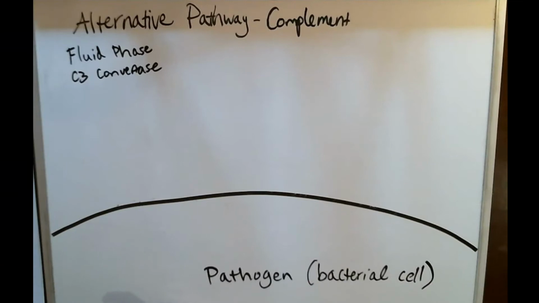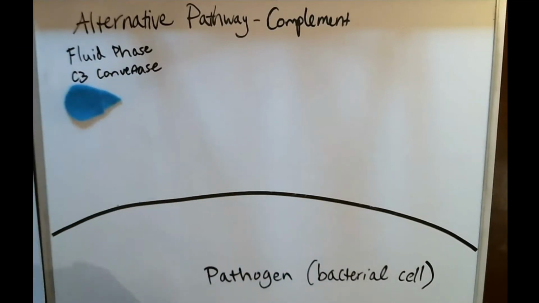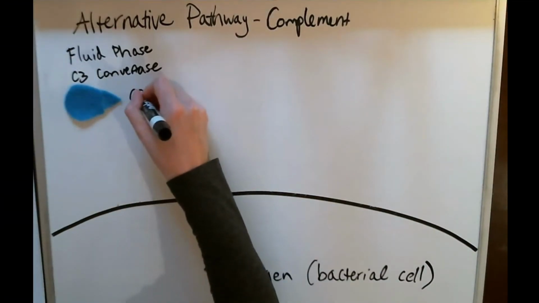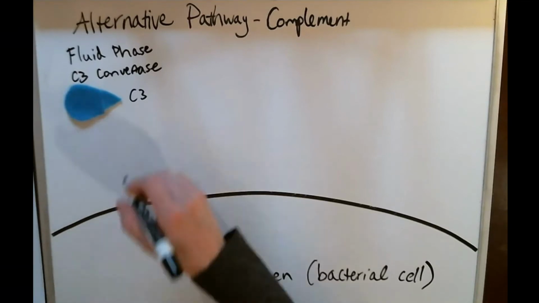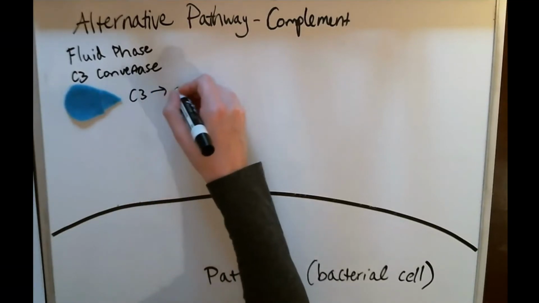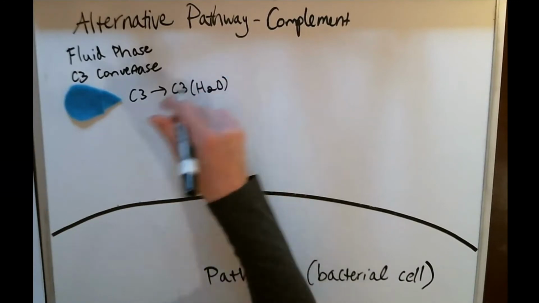So we're going to start with our C3 molecule. So here's C3, and the first thing to recognize in this pathway is that C3 is always undergoing a spontaneous hydrolysis, and it forms C3H2O.